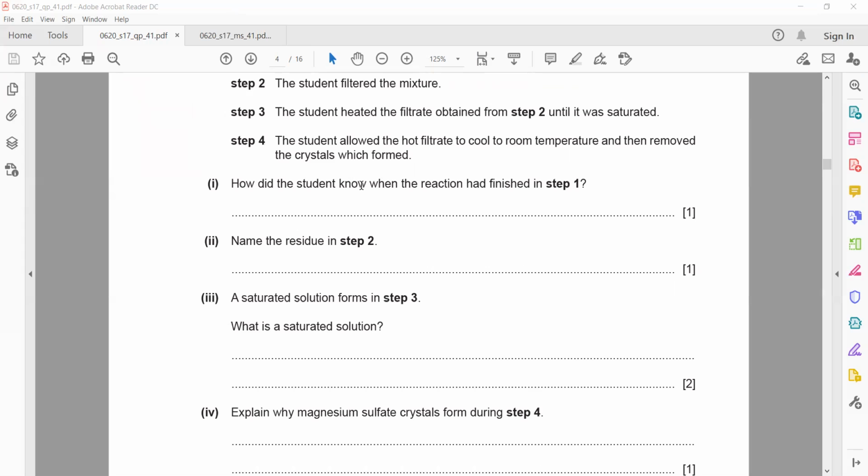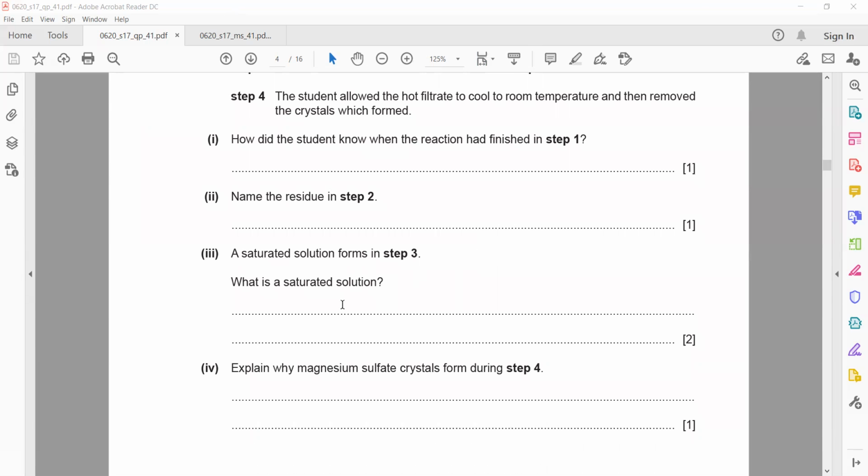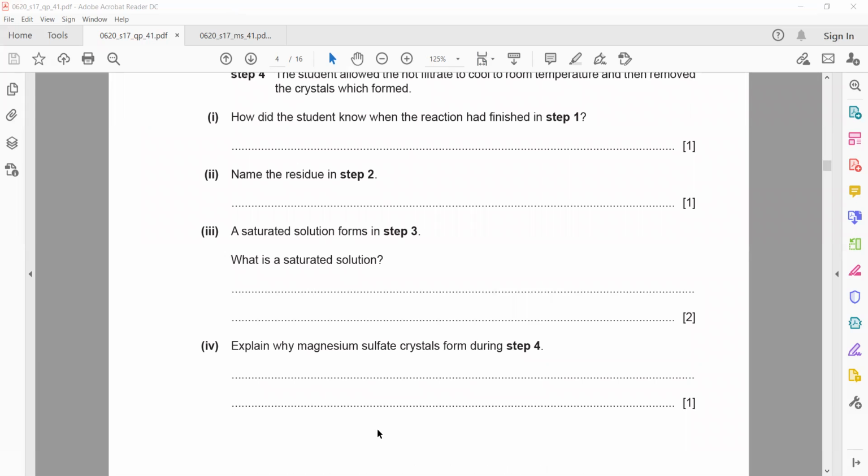Next, a saturated solution forms in step 3. What is the definition of a saturated solution? Saturated means no more solute can dissolve in the solvent at that specific temperature, or the maximum amount of solute is present in a solvent.